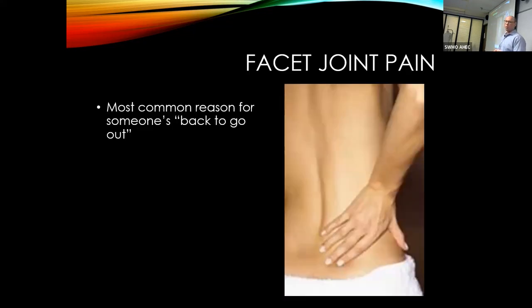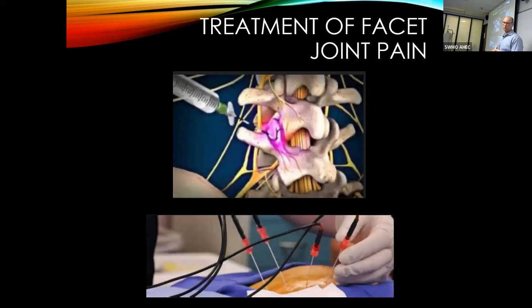When you hear a patient say, my back went out again and I was on the couch for a week, that is most commonly facetogenic pain, or pain from overloaded facet joints. Now we have a real good way to address facetogenic pain.